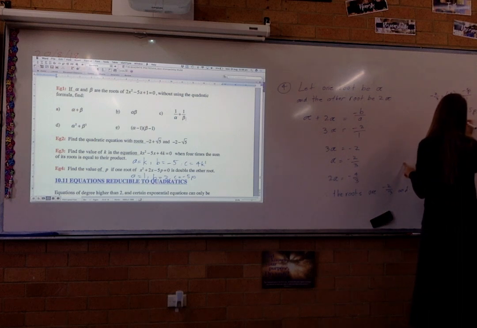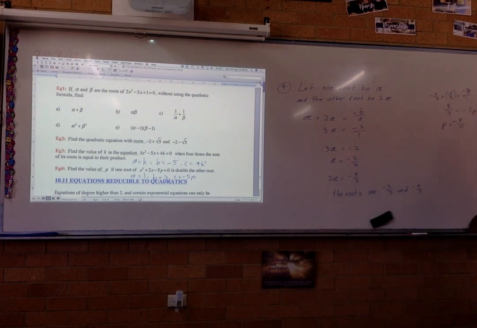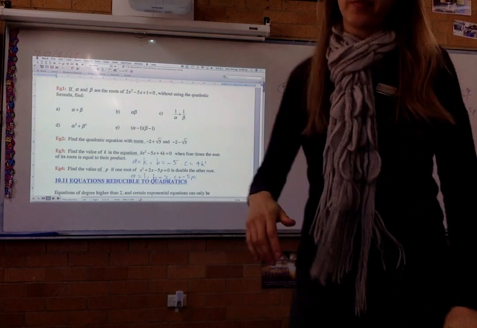We have p equals 8 over 45, and it's a negative. I just divided both sides by negative 5 and I found p. Am I done? Are you done with your jobs? I am done. So that's all of the exercises there, examples.